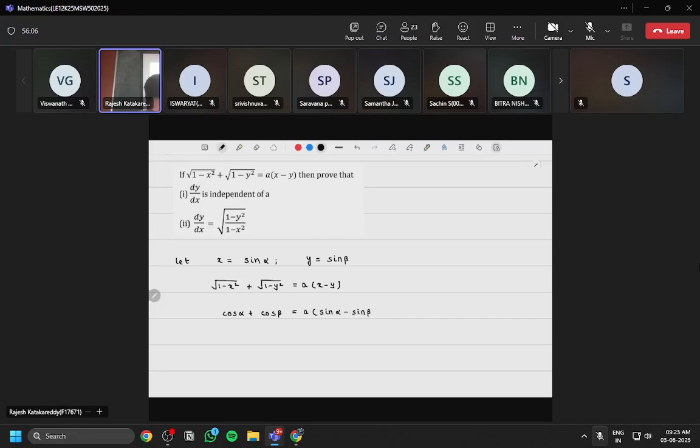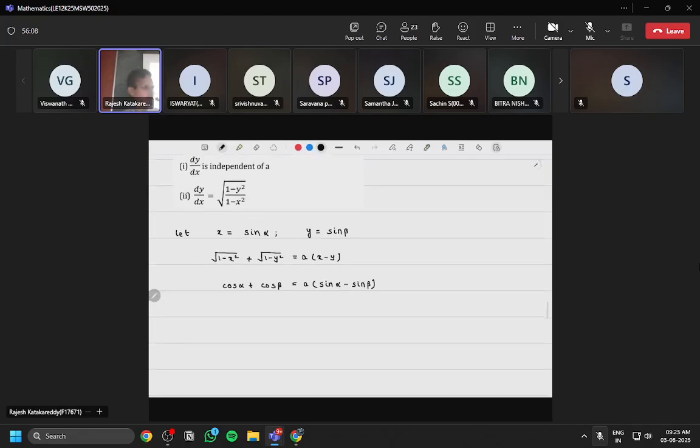Do you remember the trigonometry transformation formulas? We'll apply them. 2 times cos of alpha plus beta by 2 into cos of alpha minus beta by 2 is equals 2a into, I think cos I'll get here. Yes, cos alpha plus beta by 2 sin alpha minus beta by 2.